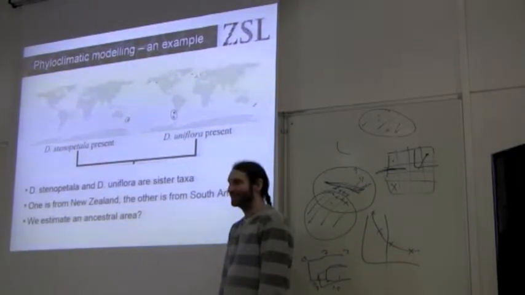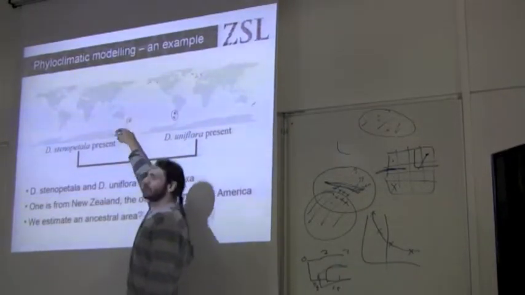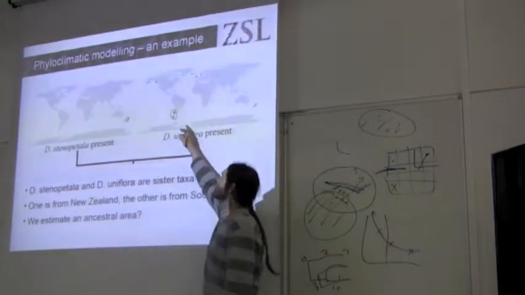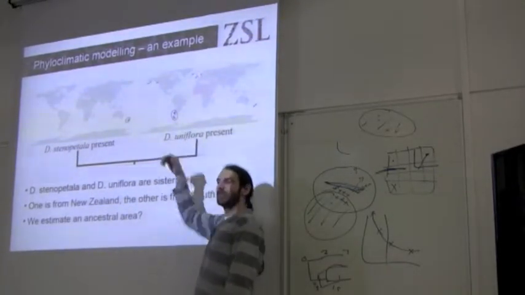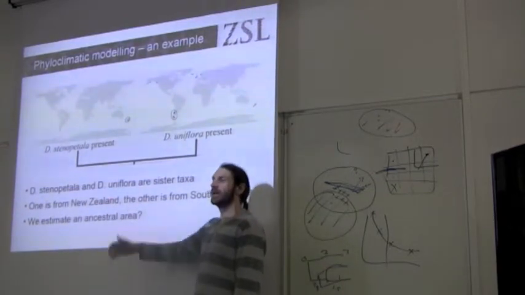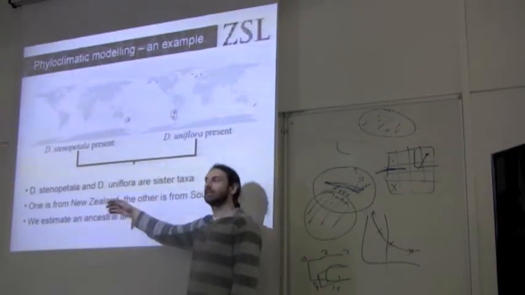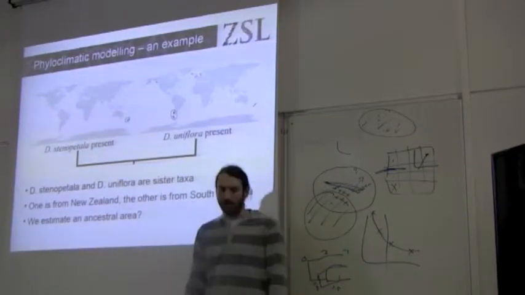No, not for those species. But we know the environmental preference for each of these. We can reconstruct our ancestral environmental preference, and perhaps that will give us some information about where was environmentally suitable for our putative ancestor at a relevant time period.